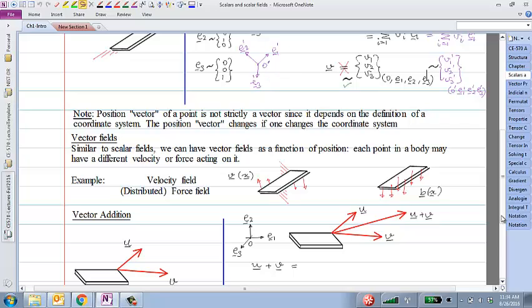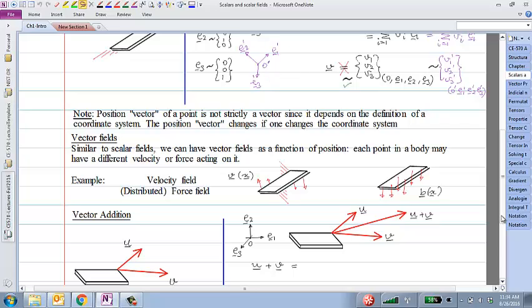A vector is something that has magnitude and direction, and it is independent of the choice of coordinate system. However, a position vector inherently depends upon your choice of coordinate system. If I choose a coordinate system here, I get one position vector. If I choose a different coordinate system, I get a different vector.